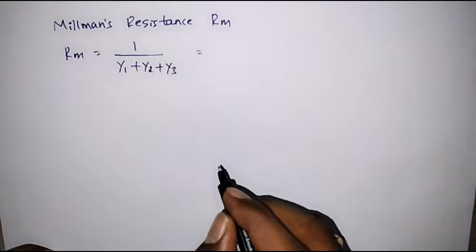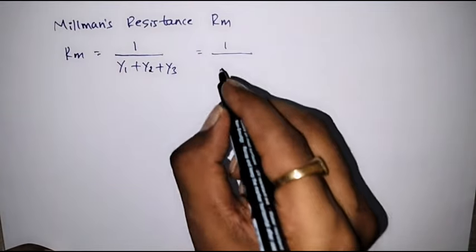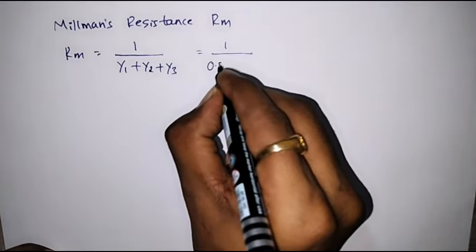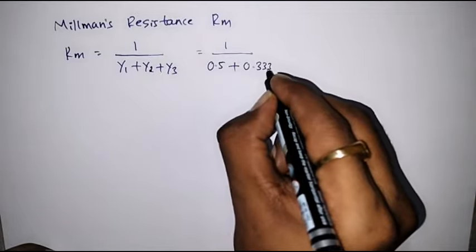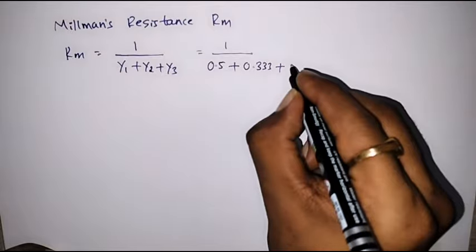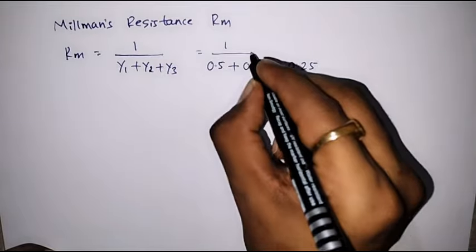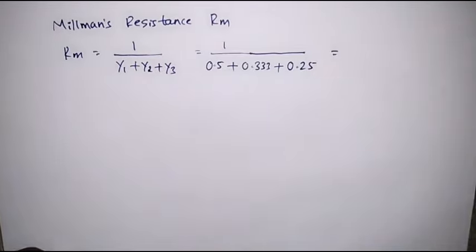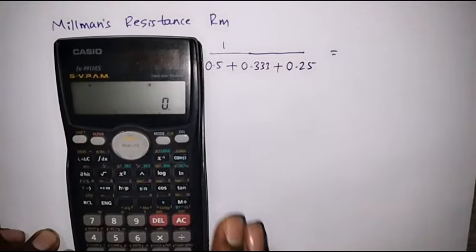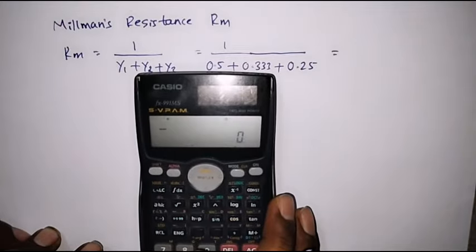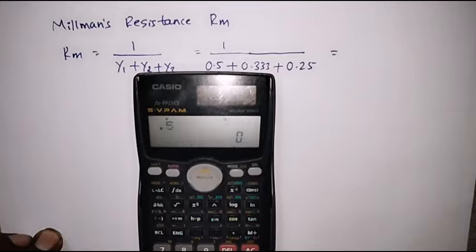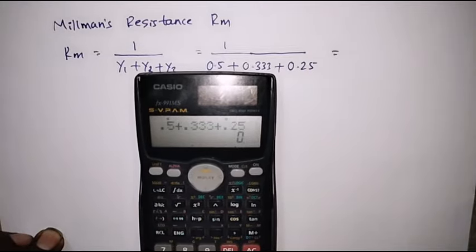So substituting the values, 1 upon 0.5 plus 0.333 plus 0.25.